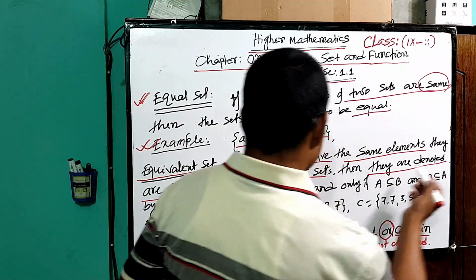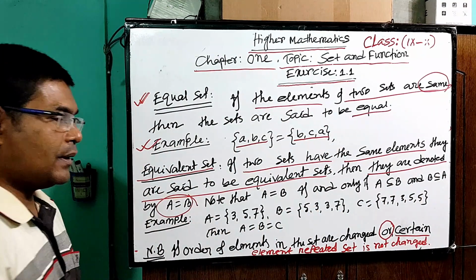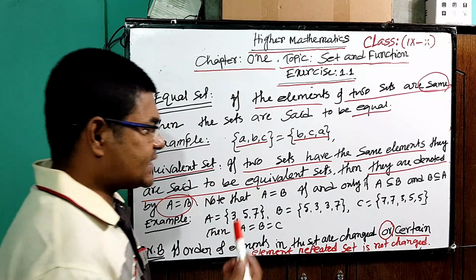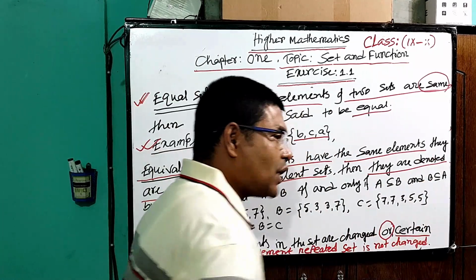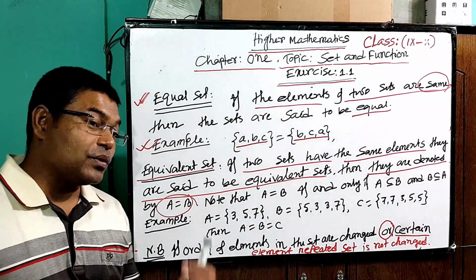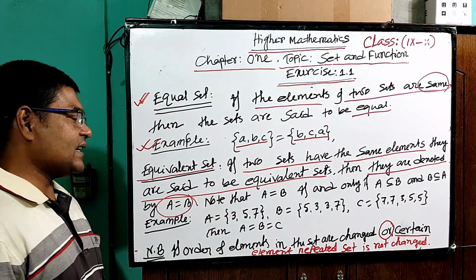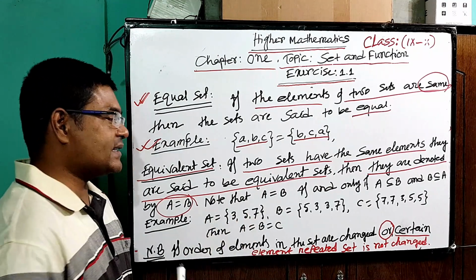Then they are denoted A equal to B, which is as like as A subset of B and B subset of A. We all know the Zilla and Upazilla system. For this reason, you can see here A equal 3, 5 and 7.